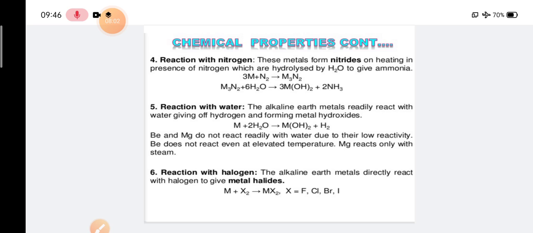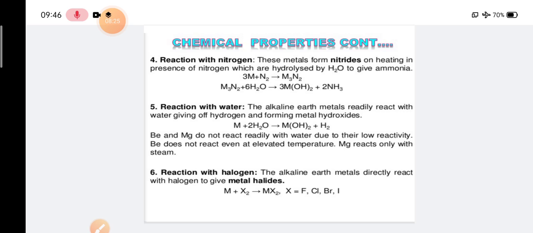So we need to react magnesium and beryllium with hot water, and they will also form metal hydroxide. So there is no differentiation between hot water and cold water.